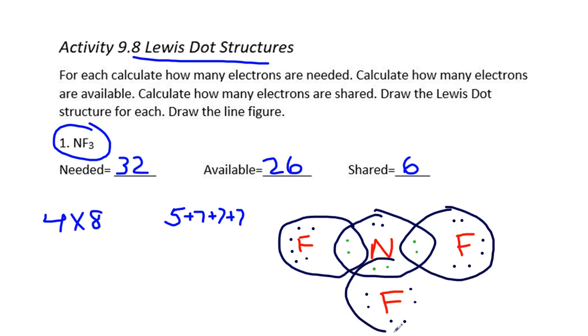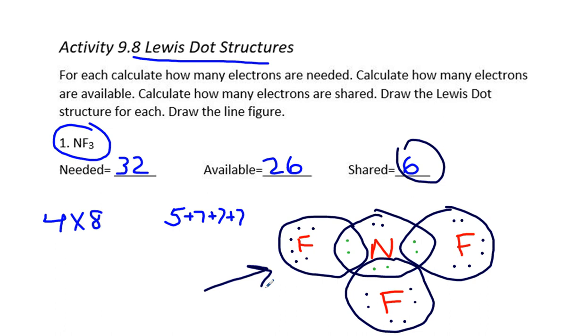And this guy has a happy ring too. Everybody got a ring of 8, but the only way I was able to make that happen was I had to share. You see the 6 green ones there? I had to share those 6, so we're counting them more than once, right? So like these 2 got counted in 2 rings. So now I can recognize, since everybody won here, because I shared electrons, that must have been a covalent bond.